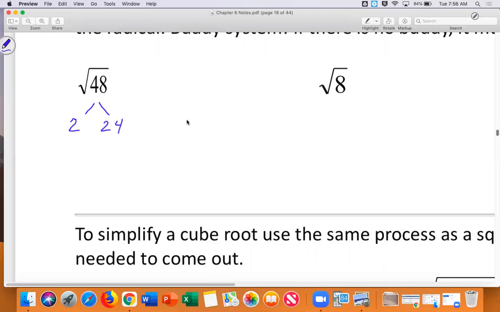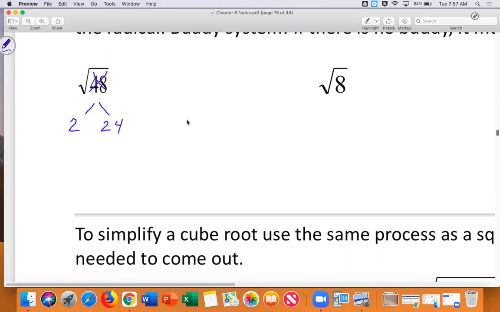Now I'm no longer dealing with 48 because I have 2 legs coming off of it. Can you break down 2 into smaller numbers? 1 and 2, because remember, it has to be multiplication.